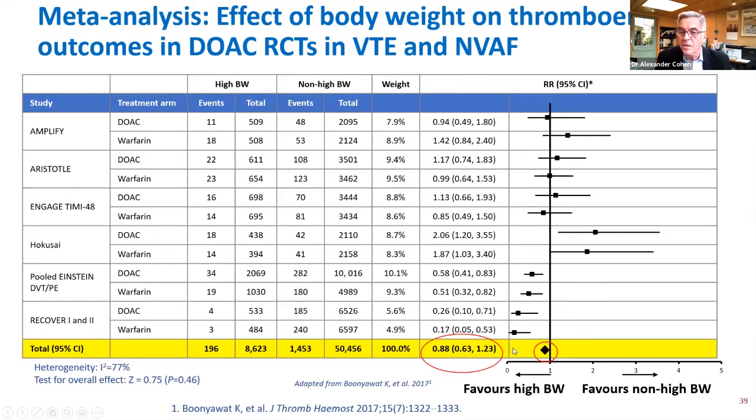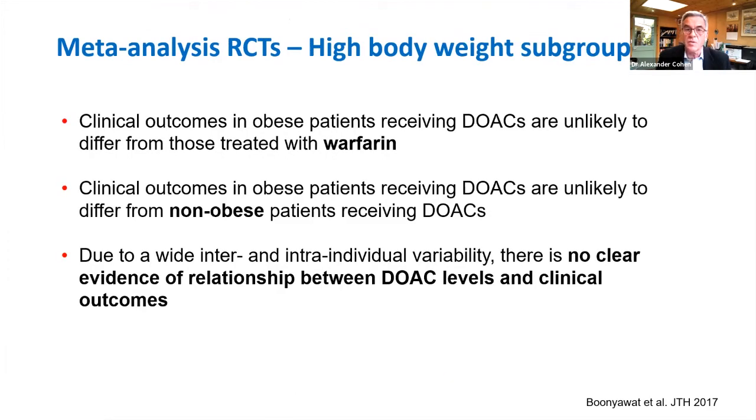These are paired analyses within the forest plot. And they concluded that the clinical outcomes in obese patients are unlikely to differ from those in non-obese patients, and that there's no clear evidence linking doing levels and clinical outcomes. That was in 2017, but no change in the guidelines.